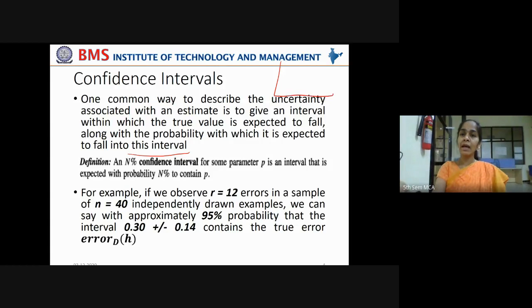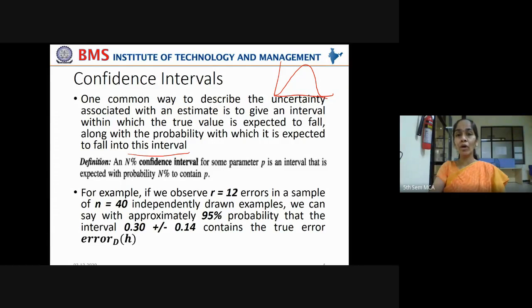Say when I tell you I have a 95% confidence interval, I'm saying that according to the sample error I have obtained, I have confidence that 95% of the time the true error also follows the sample error. That is called the confidence interval.